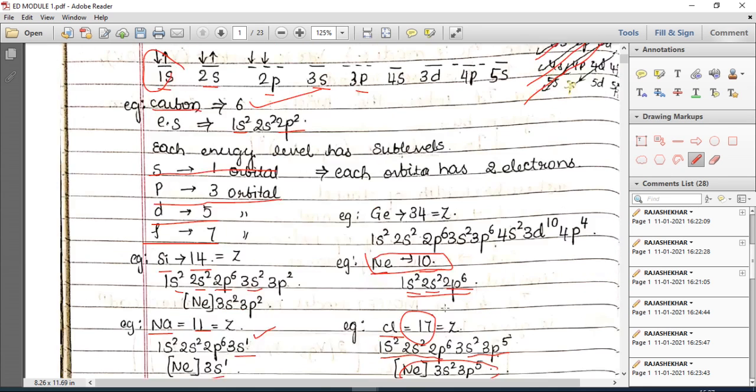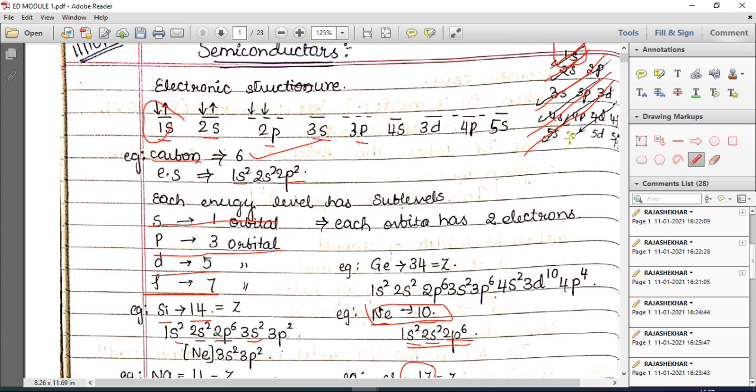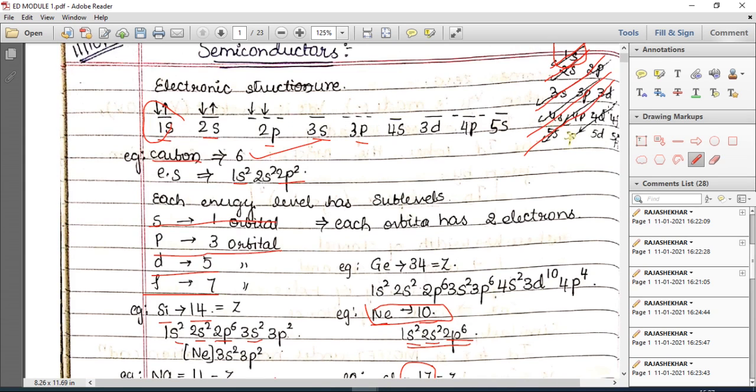Like this we can write the electronic configuration for the given atom, like carbon, silicon, neon, sodium, chlorine or germanium. Whatever atomic number they have given, we can write the electronic structure based on this procedure, and I hope you studied this procedure in PUC also.